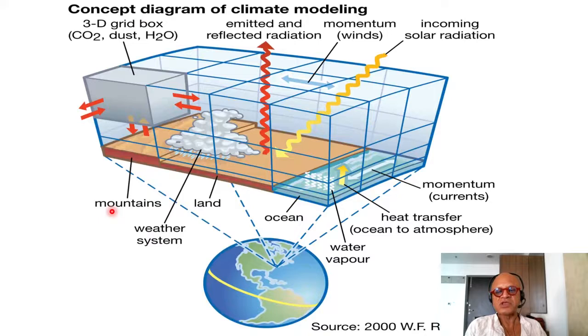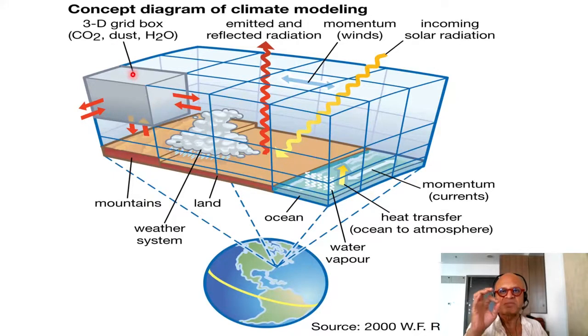And here is another way to look at it. So we take one grid point, we have the ocean, so there is heat transfer from the ocean to the atmosphere. Wind is forcing the ocean, so momentum is going into the ocean and producing currents. Water vapor evaporation is exchanging water vapor from the ocean into the atmosphere, and within the grid box of the atmosphere we are carrying carbon dioxide, dust, water, so you can see that there is exchange in and out in every direction.